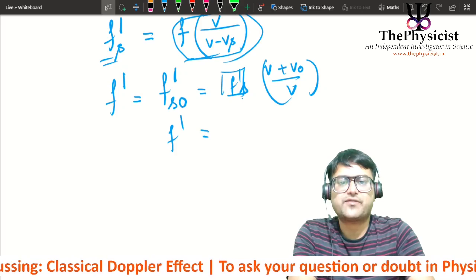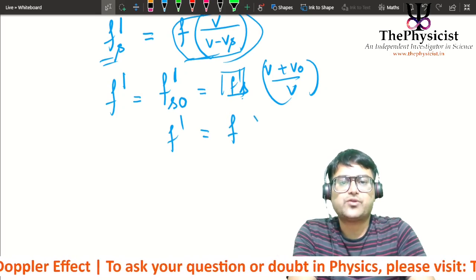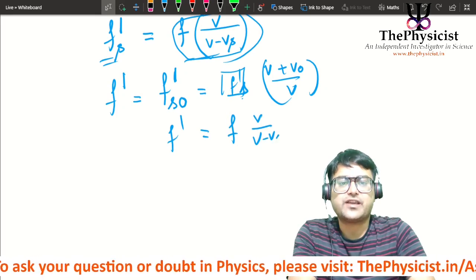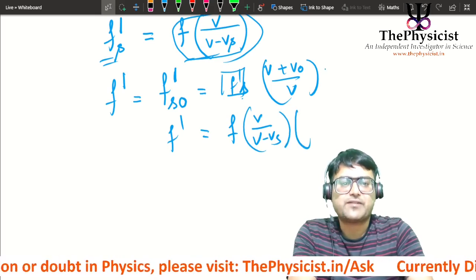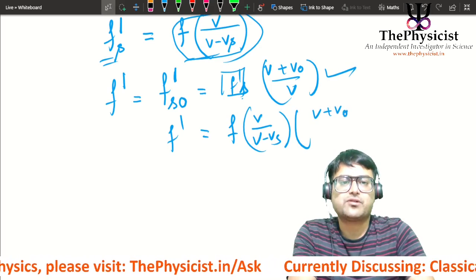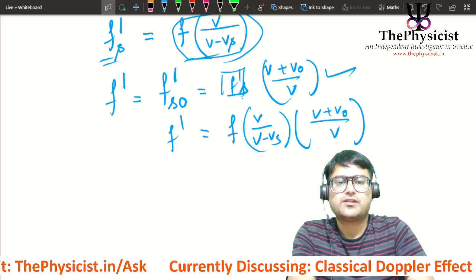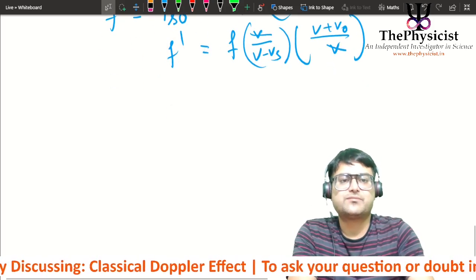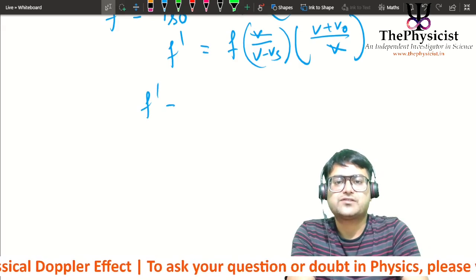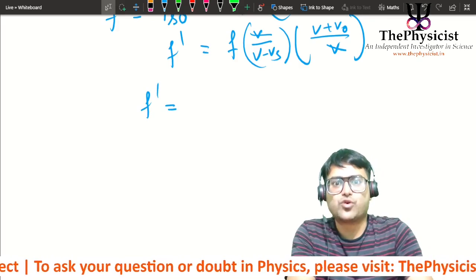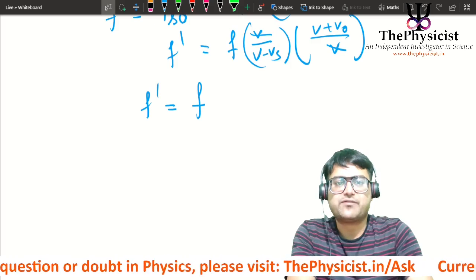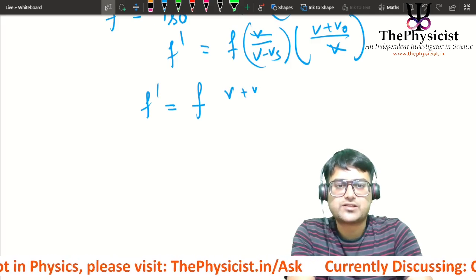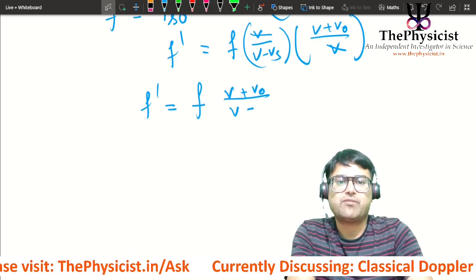The apparent frequency will be f into v by v minus vs multiplied by this factor, which is v plus vo divided by v. So it's pretty simple and clear cut that f dash for combined motion will be simply f into v plus vo divided by v minus vs.